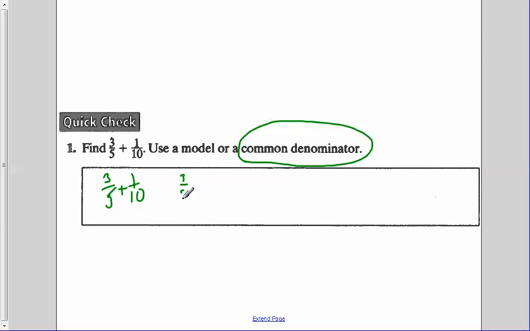To multiply 5 by 2, I can get 10. So whatever I do to my denominator, I have to do to my numerator. So 3 times 2 is 6. Now, since 1/10 already has a 10 in the denominator, I can just leave that. And I'm adding, so 6 plus 1 is 7, and 7/10 would be our final answer.